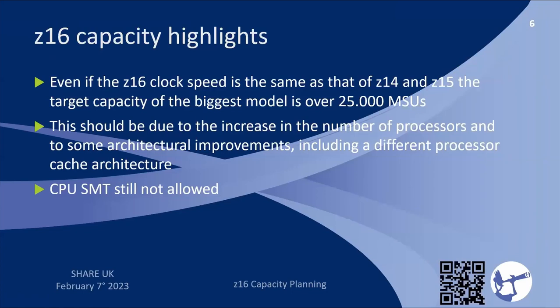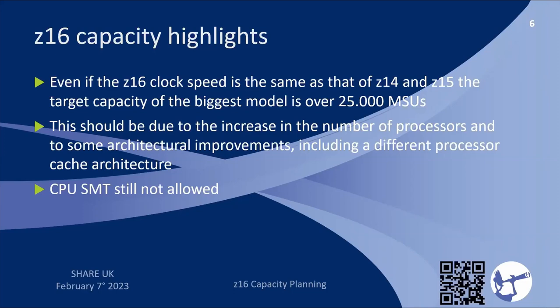So we recap some of the things I said looking at the previous slide. It's worth noting that even though the clock speed is the same, the biggest model is still bigger in potential capacity provided to customers.